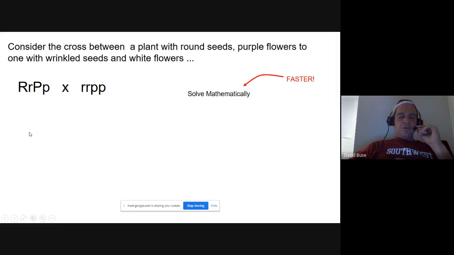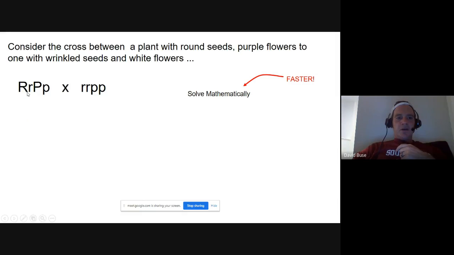Once you have both squares set up, you can simply multiply the two squares together to get the total probability. For example, if you wanted to know how many round seeds and how many purple flowers you would get out of this cross, you could run two small squares.